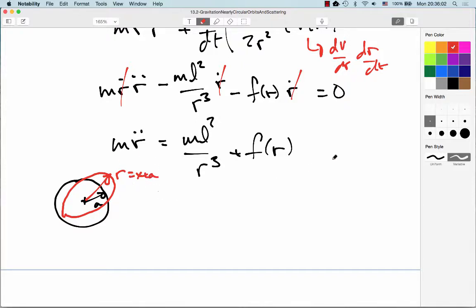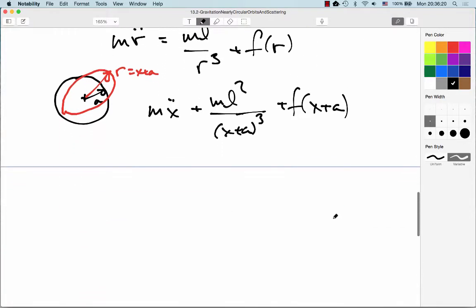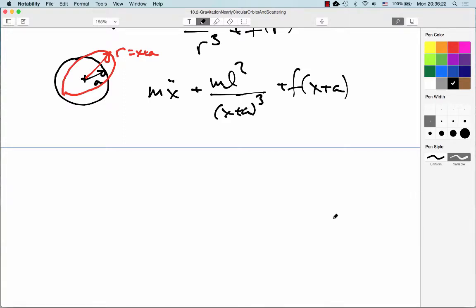So we can differentiate that, and r double dot will just become m x double dot equals m l squared over x plus a cubed plus F of x plus a. Now, what we can do is go ahead and expand this about a. So this will give me m x double dot equals.